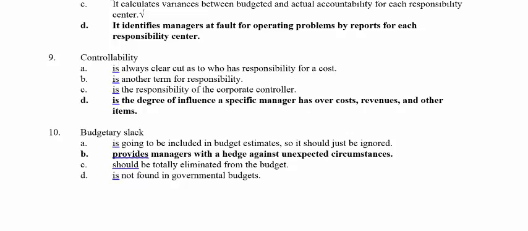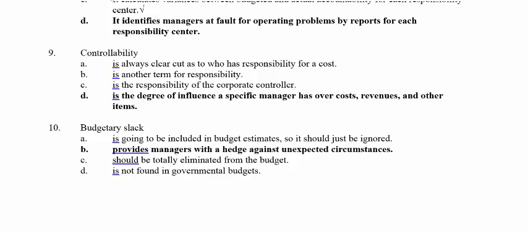Budgetary slack, we discussed. It's basically gaming of the system. It is giving numbers during the budgeting process that make someone's job easier. If it is revenue related, they typically turn in a number that is understated or underestimated.